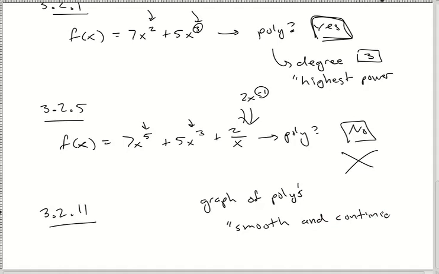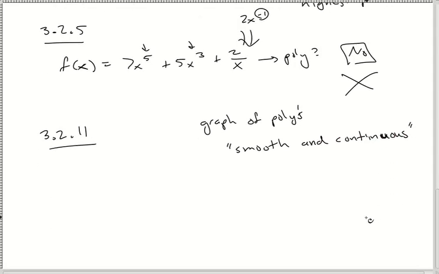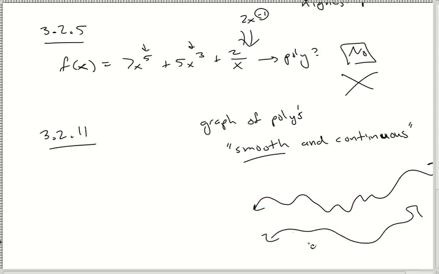Smooth is, da da da da da da. And continuous is da da da da da da. You can see I never pick up my pen, stylus from the pad, paper, whatever. And smooth is just no sharp corners.